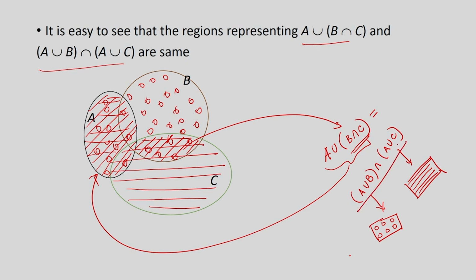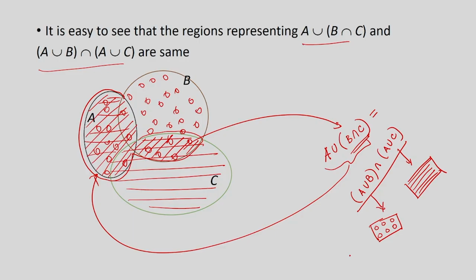What is then this entire thing, A union B intersection A union C? It is this horizontal shades intersection of these circles. So, you actually are getting this part, right, and this part, that is the common, because in these two parts only you have both the circles as well as the horizontal parts.